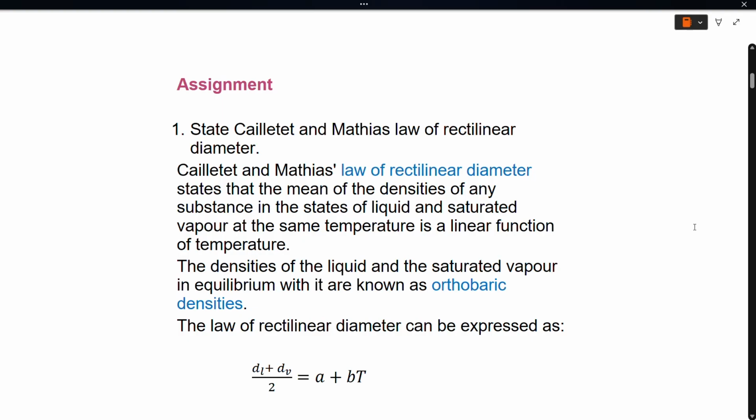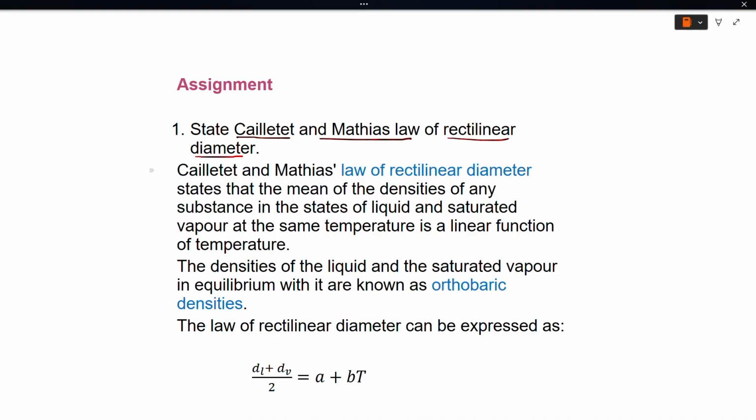So first, this is the assignment given in the previous class. State Cailletet and Mathias law of rectilinear diameters, and this is the principle behind the determination of critical volume by Amagat's method.